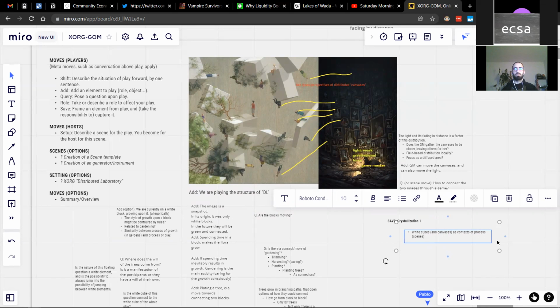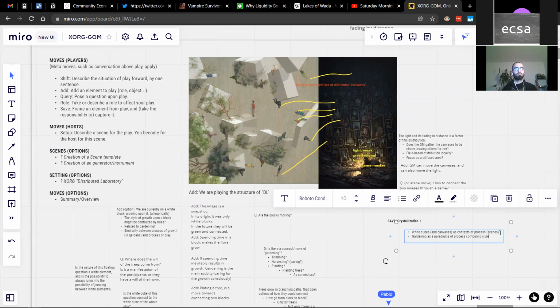And then there was gardening and rules, gardening as a paradigm of process, not control, but process contouring.